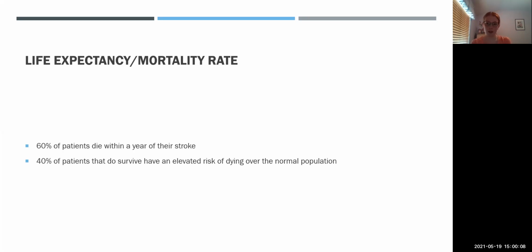Now for life expectancy and mortality rate, sadly for hemorrhagic strokes, roughly 60% of hemorrhagic stroke patients die within the first year of having their stroke, and the roughly 40% that do live longer than that 1 year have a much more elevated risk of death than the average population would have.